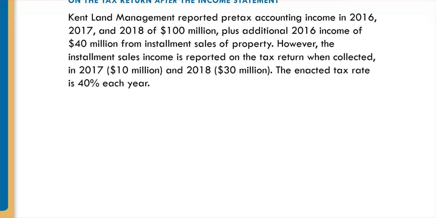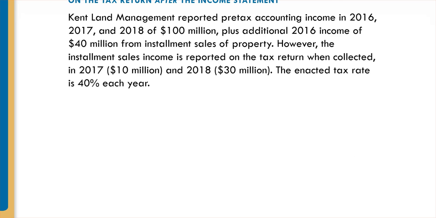So this company has pre-tax accounting income in 3 years, and in these 3 years it's 100 million. And then they have an additional item in 2016 of 40 million from installment sales of property. In this case, when they have the sale, they should be recording revenue, right? And that's what they're saying. It shows up first on the income statement.